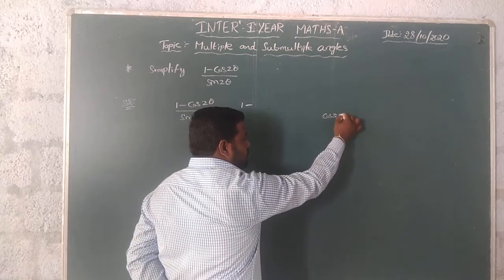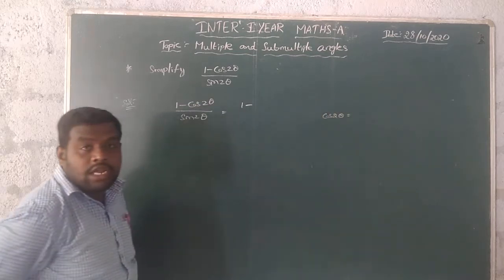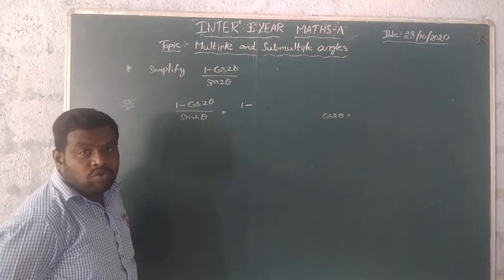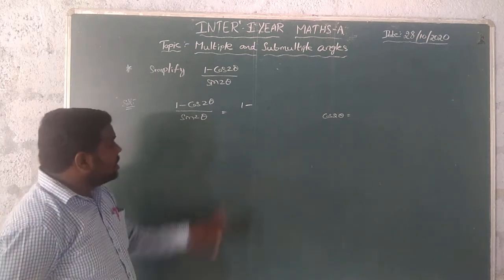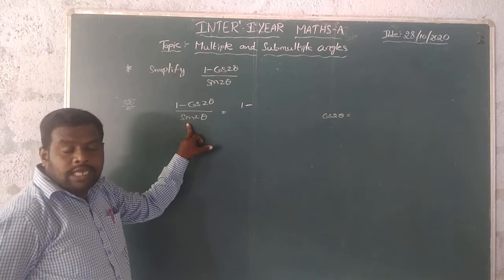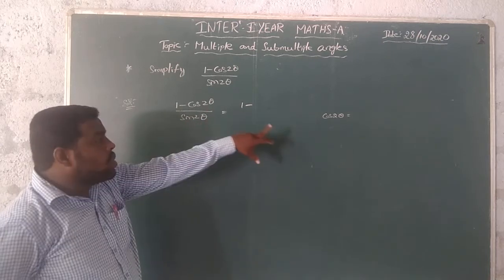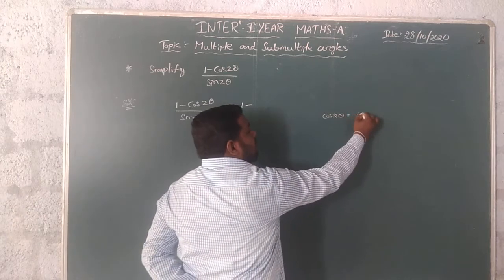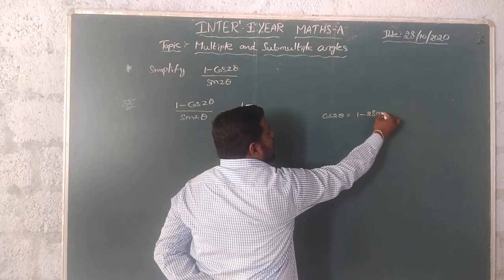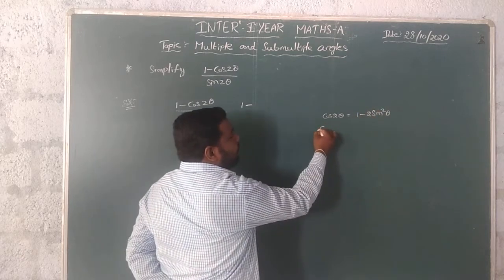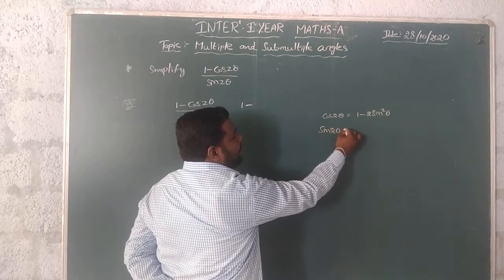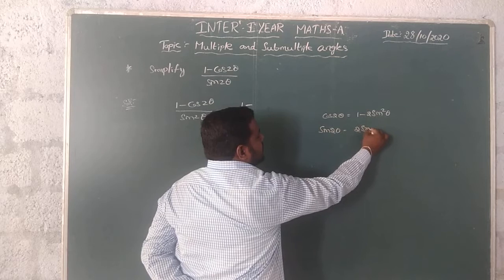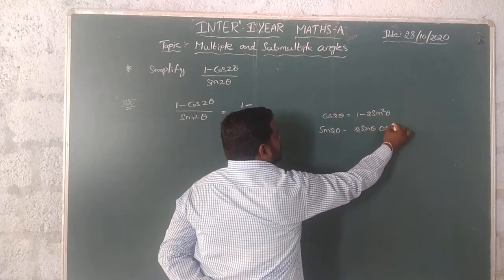There are totally 4 formulas, but of those 4 we take only the sin term formula, because the denominator is in the form of sin terms. So cos 2 theta can be written with only sin terms. That formula is 1 minus 2 sin square theta. What is the formula of sin 2 theta? That is 2 sin theta cos theta.